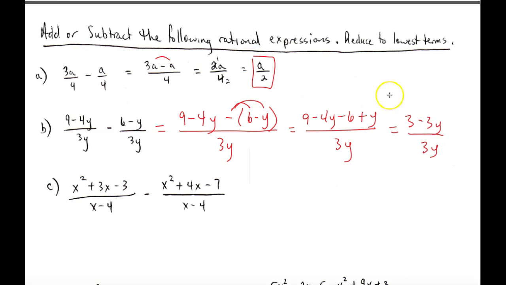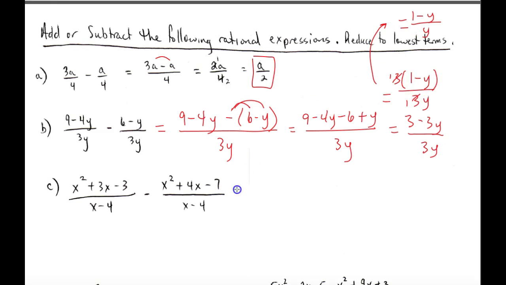And then from there we have a common factor of 3 in the numerator, and then the 3 is reduced to 1. And the result, I'll just write it up here, is just 1 minus y, all that divided by y. Okay? And that will be the final answer for that.